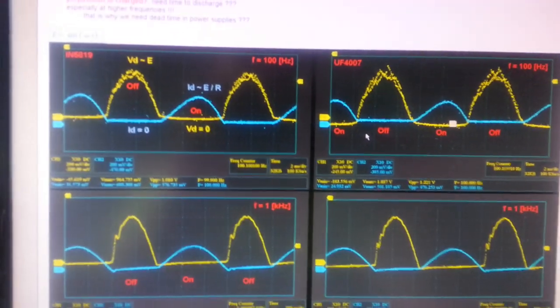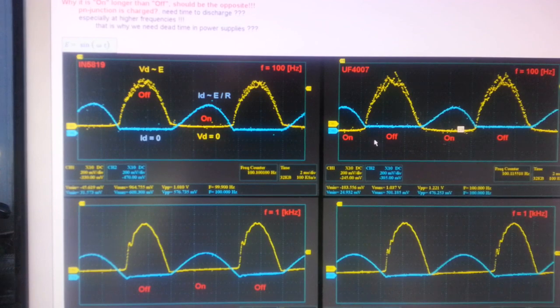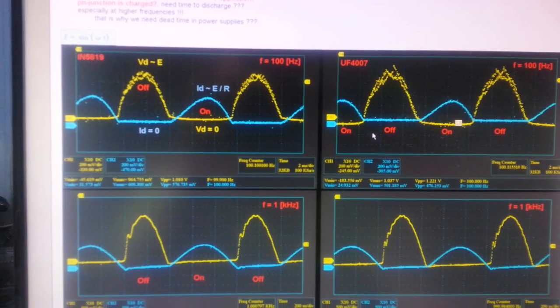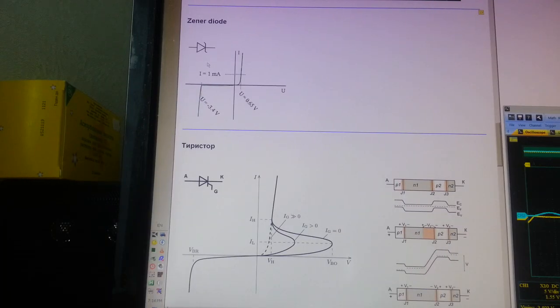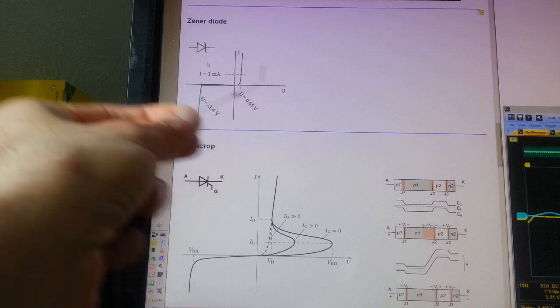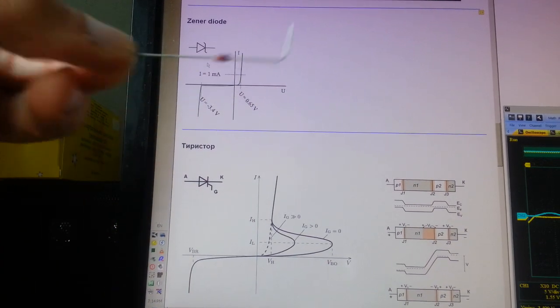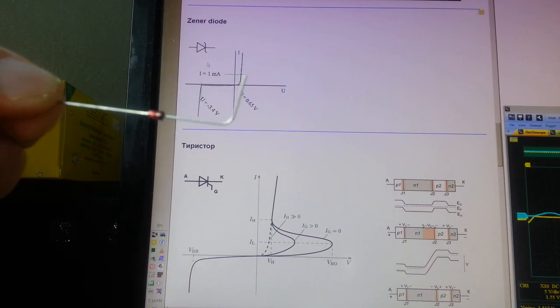So now let's play with some different devices, not just diodes. The next device is a Zener diode. So this is the device. Well, it's not easy to see it, but anyways.